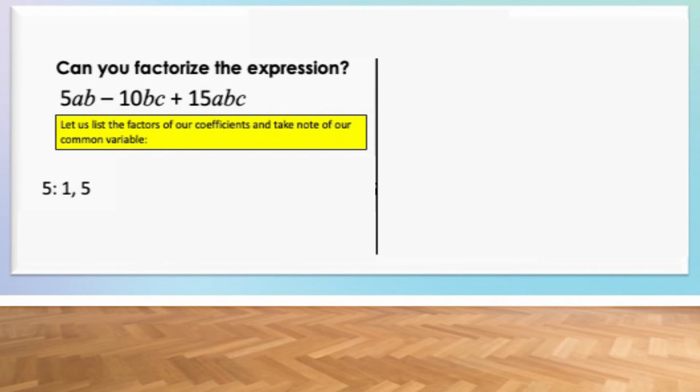For 5, we have 1 and 5. For negative 10, we have 1, 2, 5, 10, negative 1, negative 2, negative 5, and negative 10.